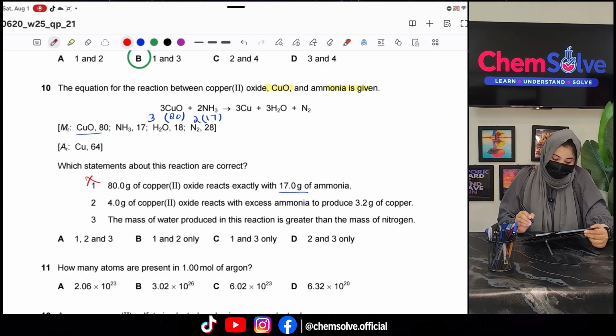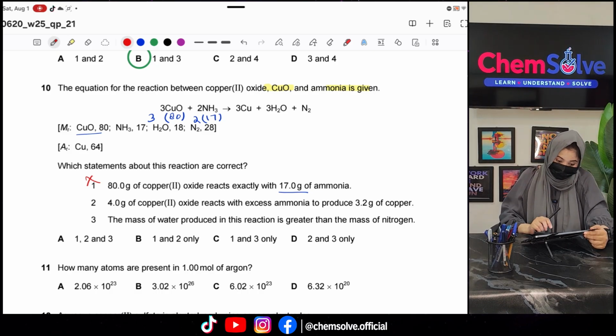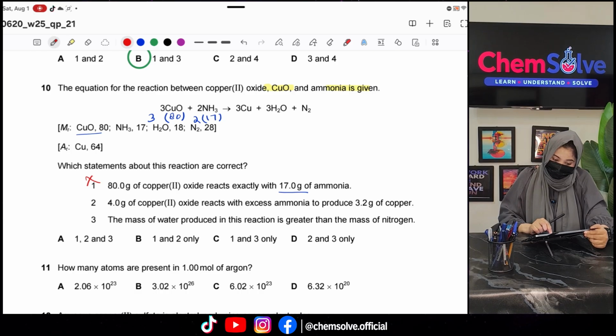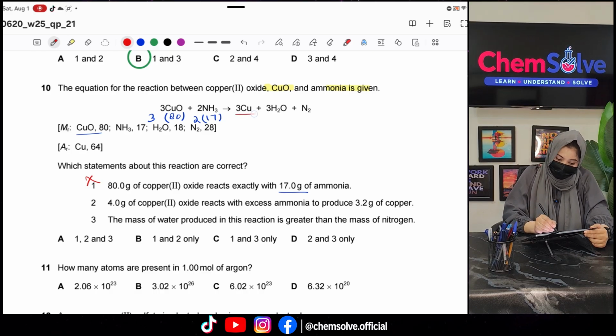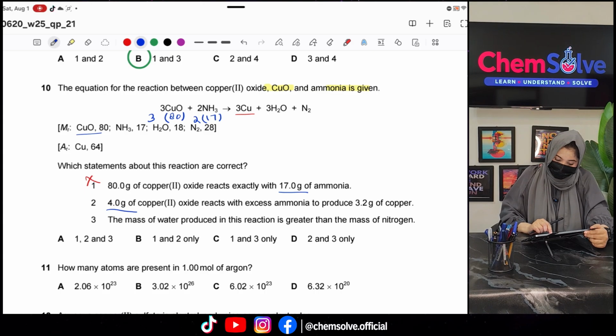Now look at the other statements. 4 gram of the copper oxide reacts with ammonia to produce 3.2 gram of the copper. So according to our calculation, copper oxide is 4 gram, and copper is 3.2 gram. Okay.